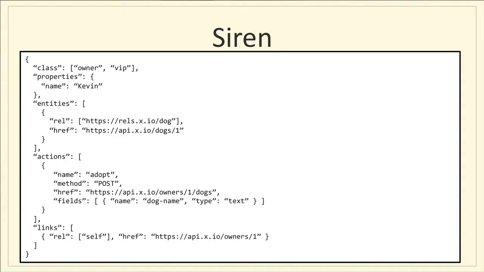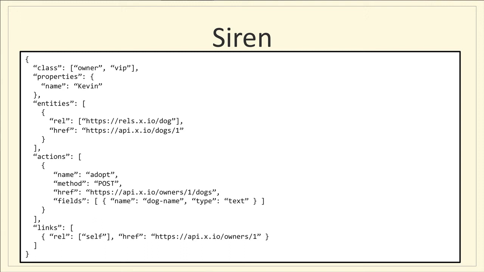Right. Cool. Michael Stewart asks, how do links work with the JSON response? This was probably asked at the point where we'd only shown XML. Should we go back and show, is that in Siren? Got an example of that? Yeah. Right. So right there. There's a link at the bottom there that is just a link to self, which is really common. Also, the entities can be seen like links here too, where we're on an owner resource and we're linking to a dog.